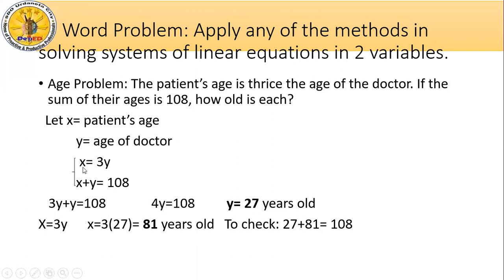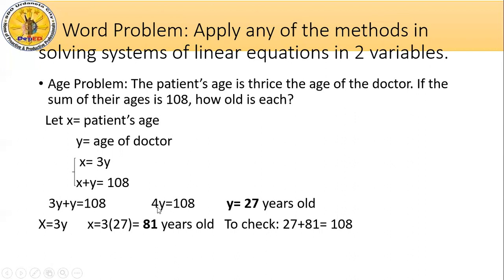Now, since there is already a value for X, which is 3Y, it is better if we use substitution. So, instead of X, we will be using 3Y. So 3Y plus Y is equal to 108. 3Y plus Y is 4Y.